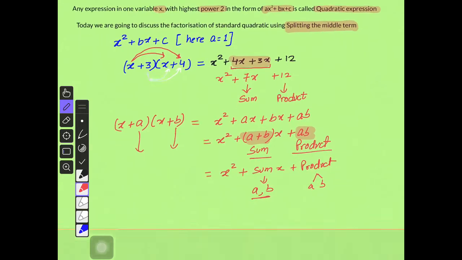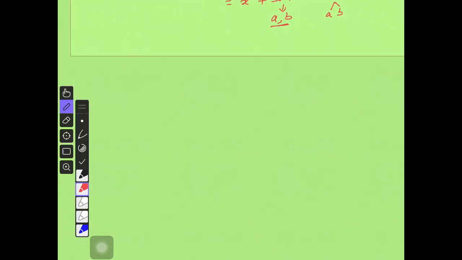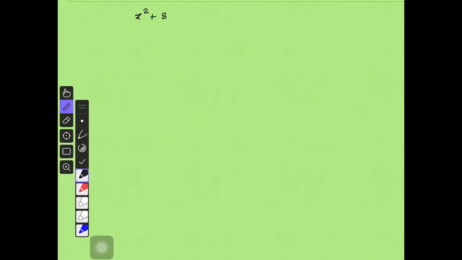Remember, the term without x is the product, the term with x is the sum. Let's take one example, and this will help us understand better. x squared plus, let's say, 8x plus 12. So I have a middle term which is 8x and the final term is 12. If we factorize, we get two parentheses: x plus something, and x plus something in the second parenthesis.